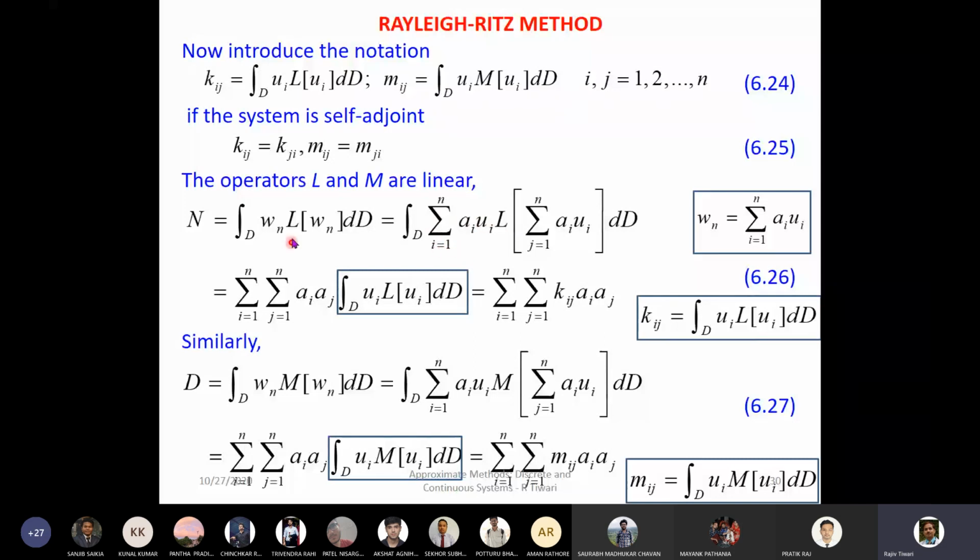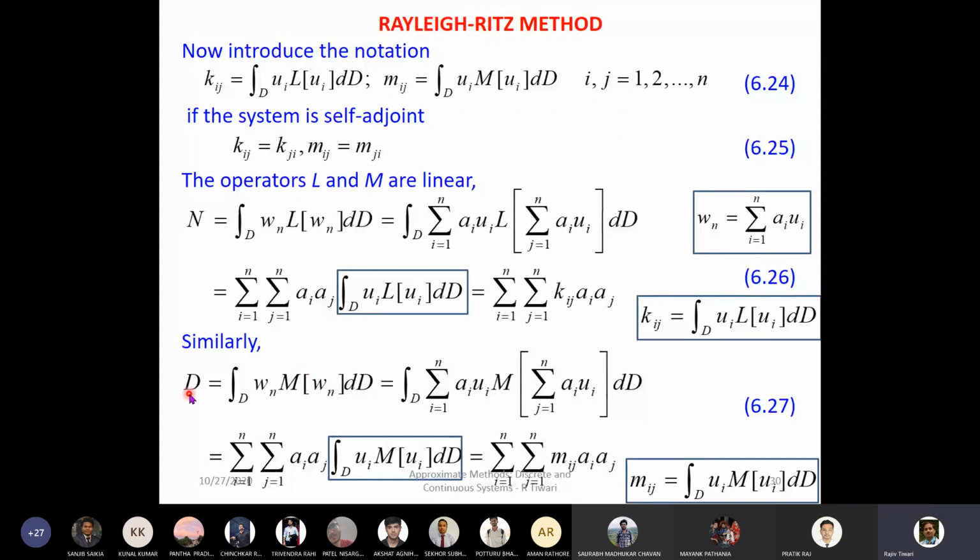Then the L operator, and then Wn again, the same term. I replaced the Wn with this series of comparison functions. Now I'm moving the summation outside and bringing the integration inside. The constants ai and aj will come out of the integration. The remaining terms, which are functions of the domain x, will stay inside. This term is defined here as kij. So I am writing this as kij ai aj.